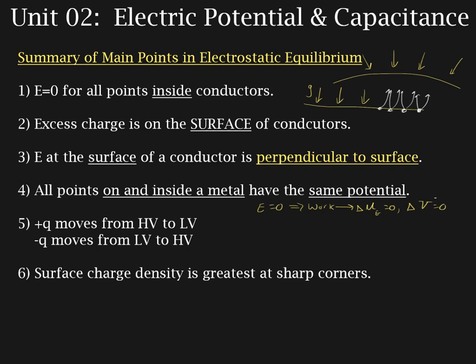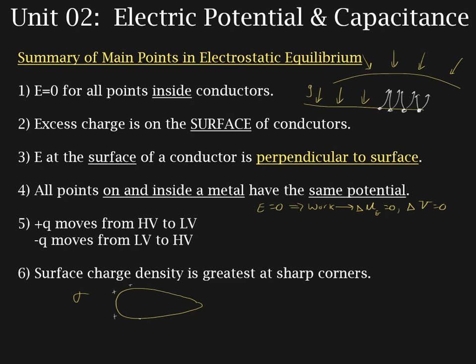And then finally, surface charge density. Remember, we used the Greek letter sigma for that. The surface charge density is going to be greatest at sharp corners. So if we look at a shape like this, then what you find is that the charges are going to be on the surface.